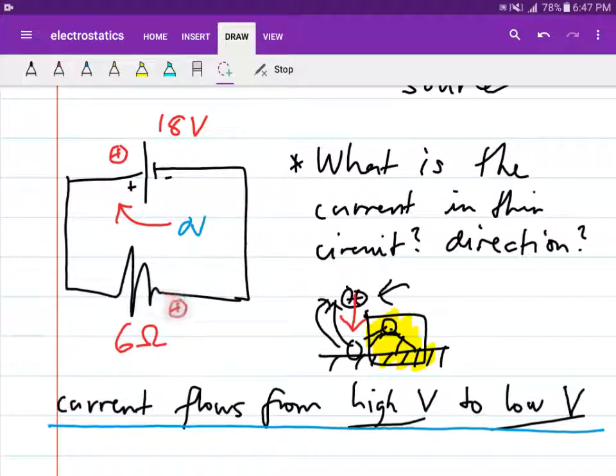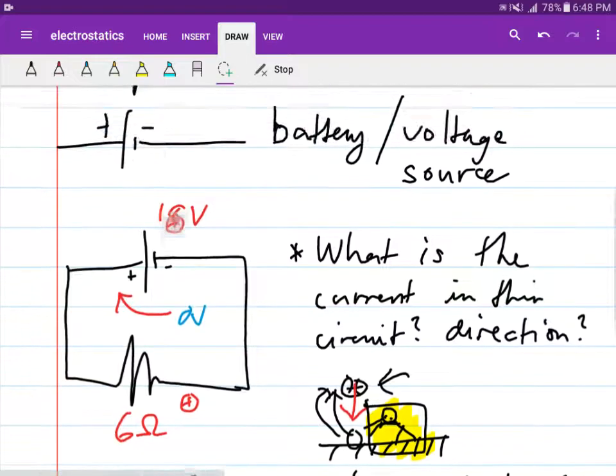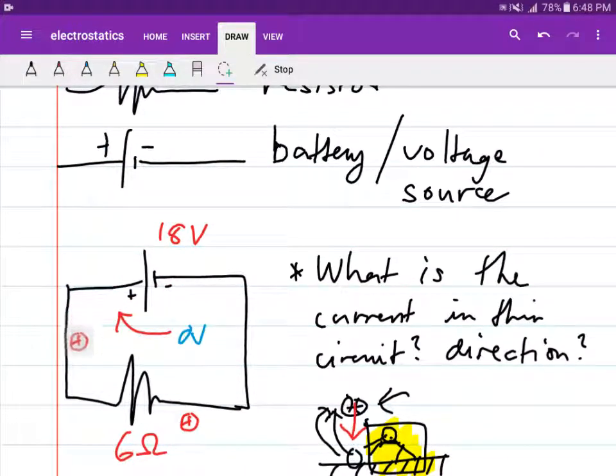The originally 18 volts of electric potential from the battery will be consumed inside this resistor. So this positive charge carrier will now be in a state of low potential. It will be driven again up to this point, and once it reaches this point, it will be raised again by the battery to a high potential, and that's how a current flows inside a circuit.